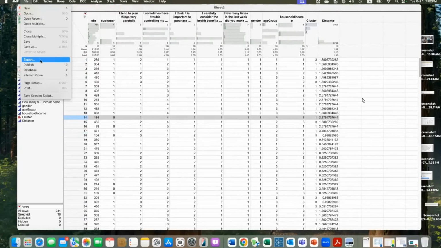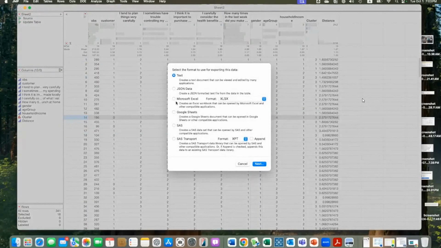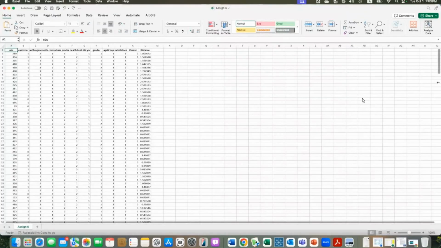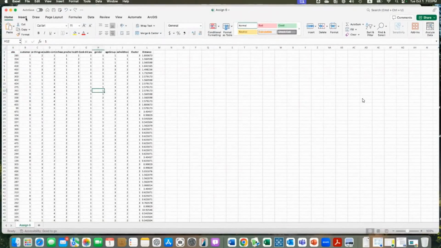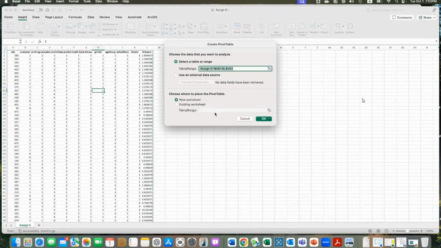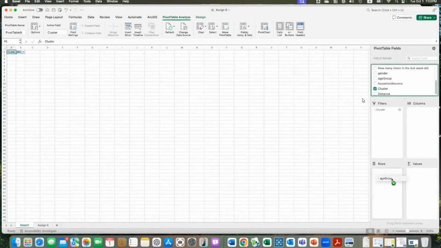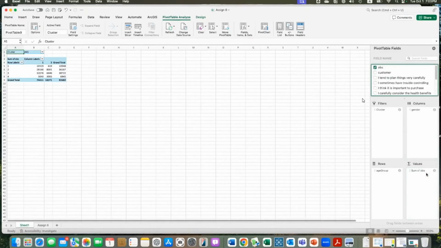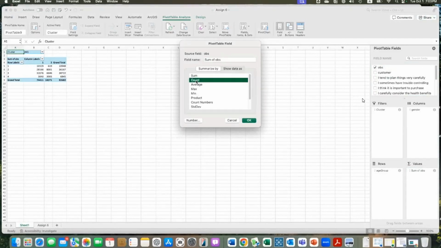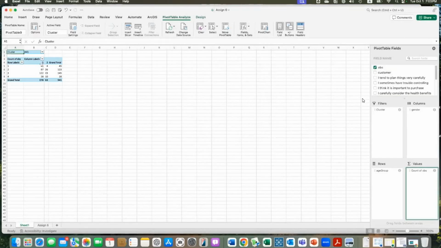Here, for example, I can just export this data table to Excel. Here's the data, and then I can easily use a pivot table to summarize it. I have age and gender to group, and then I use observation to count the number of observations. So here I have this summary, right?